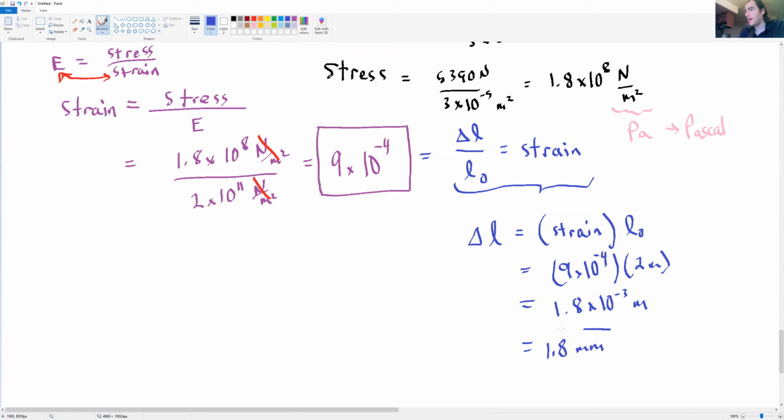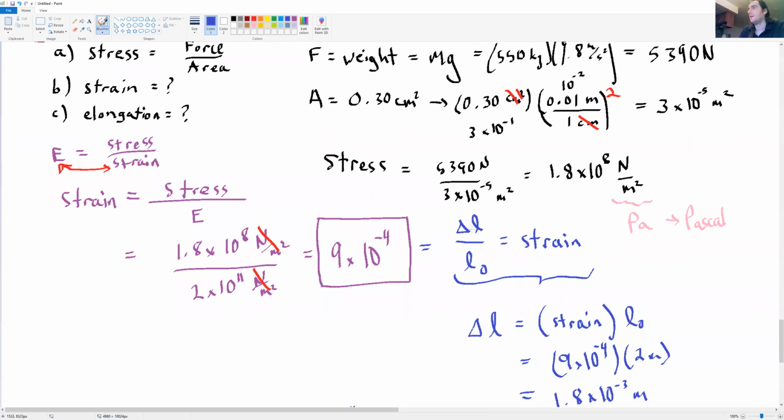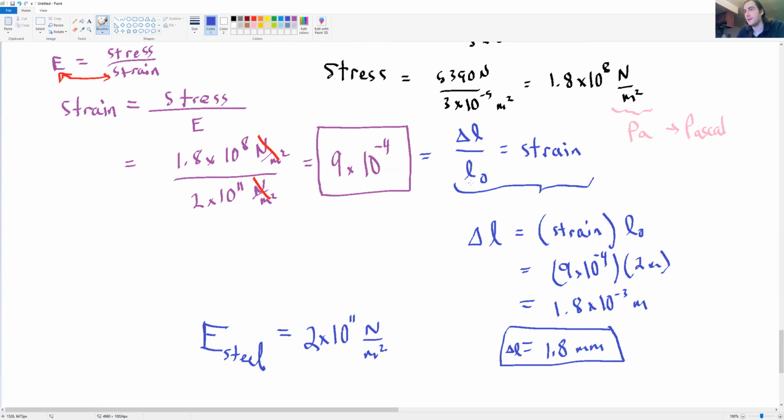This example really highlights the fact that because steel has such a large elastic modulus, which again is 2 times 10 to the 11 Newton per meter squared, even though we're supporting this very heavy machine, 550 kilograms, which is over 1,000 pounds, pounds is kind of what we're used to thinking of, we only get a stretching of this steel rod of 1.8 millimeters.